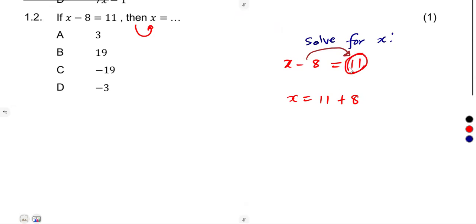Already the 11 on the right hand side is a positive, it is not changing. So therefore x is equal to what? If we add 11 plus 8, that is 19. So of the answers that we are given, that's B. It was going to be the best answer, where we have got a 19.